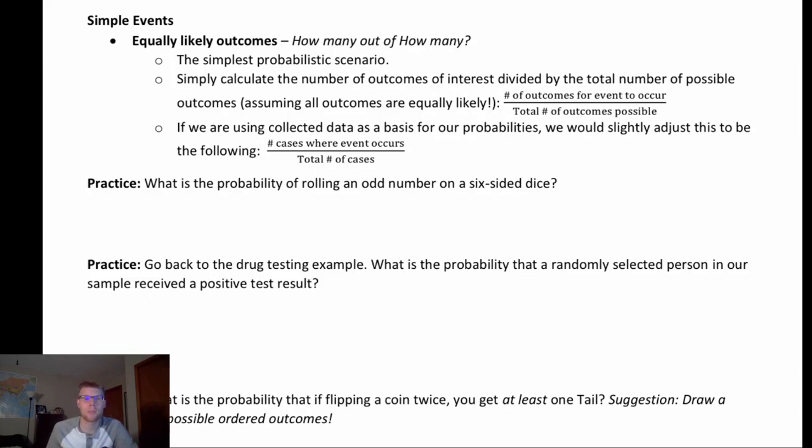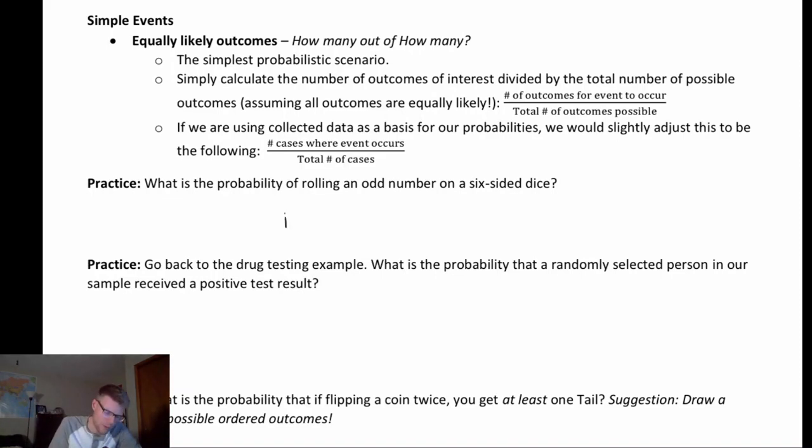So if I'm looking at the probability of rolling an odd number on a 6-sided dice, and I know that all numbers are equally likely to take place, then I just have to count how many outcomes are an odd number: 1, 3, and 5. That's 3 outcomes out of 6 possible.